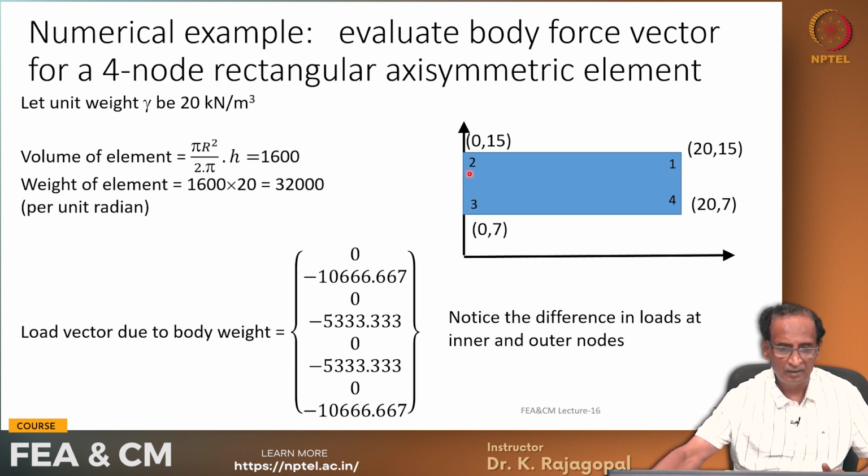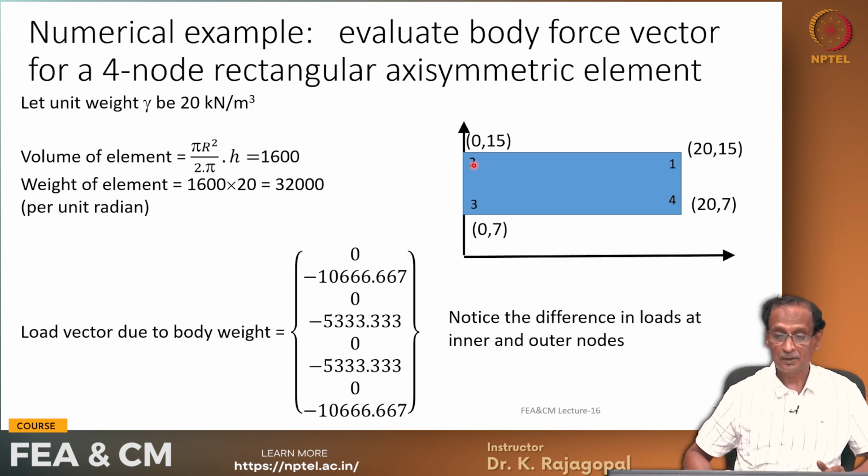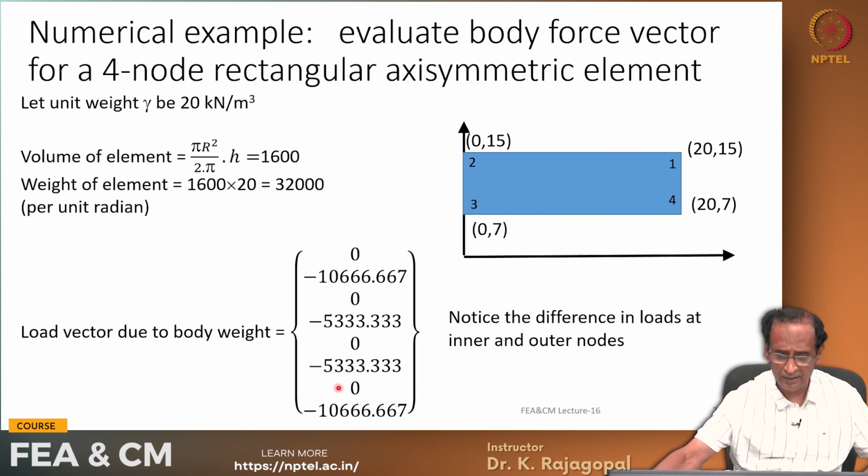Now our total weight is 32,000, and the distribution is like this: 10,666 on the outer nodes, and 5,333 on the inside nodes, and the sum total of all these 4 forces will be equal to 32,000.